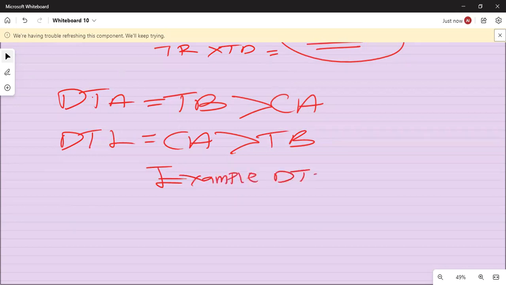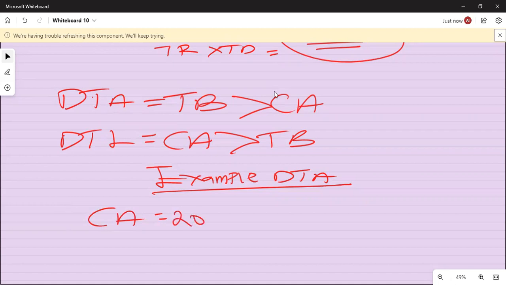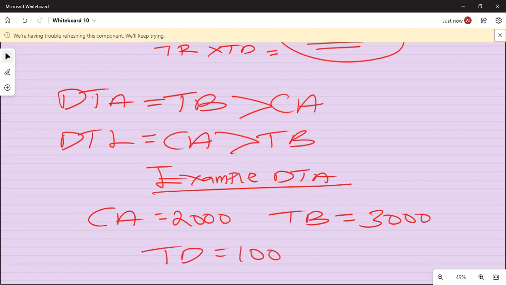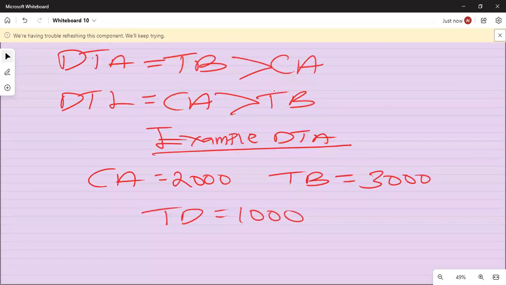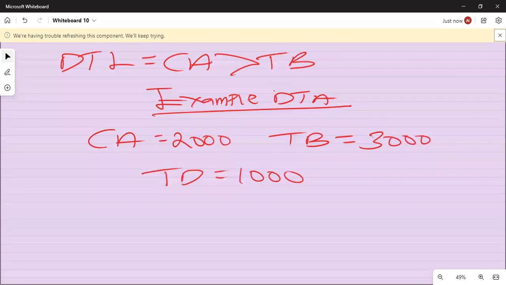Let's say, for example, deferred tax asset. Carrying amount is 2,000. Tax base is 3,000. So in this situation I will have a temporary difference of 1,000.